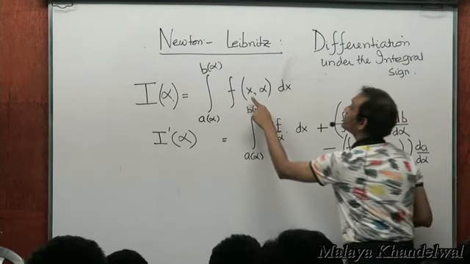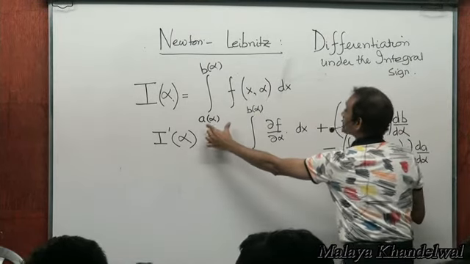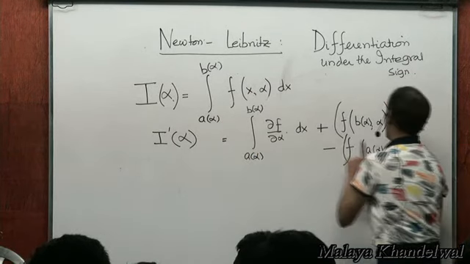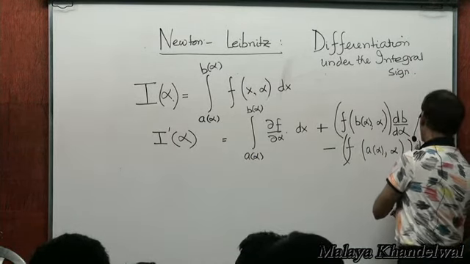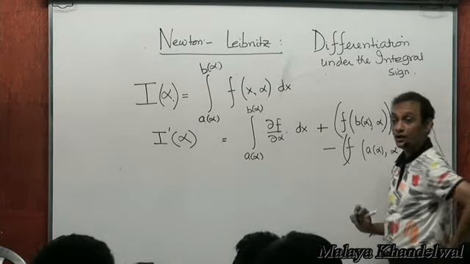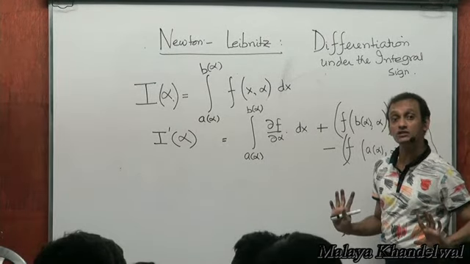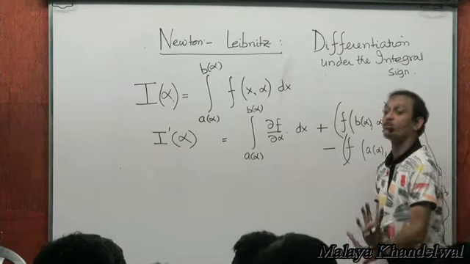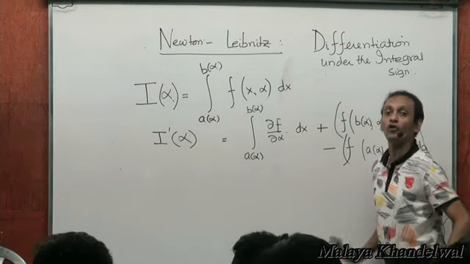In the third term, there is a minus sign that comes with it. This x is replaced by a alpha, alpha, and then a is differentiated with respect to alpha. These are the three terms for differentiation under the integral sign in a very general sense, the most general form, right?